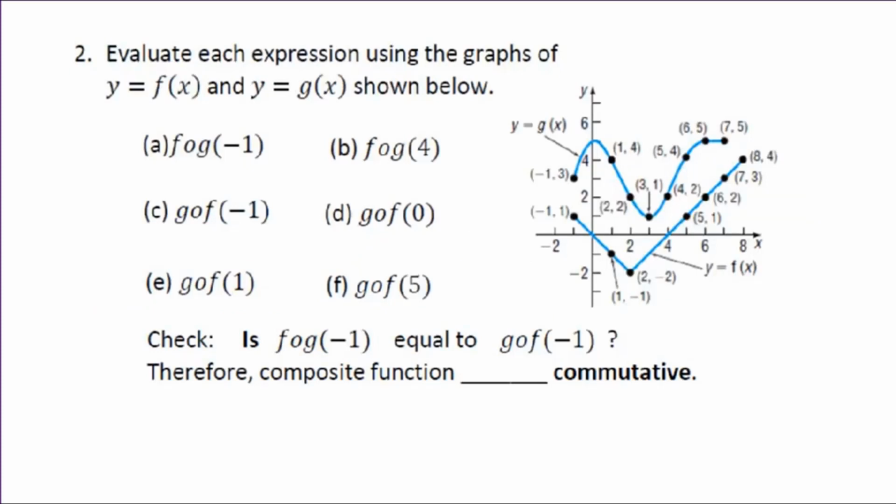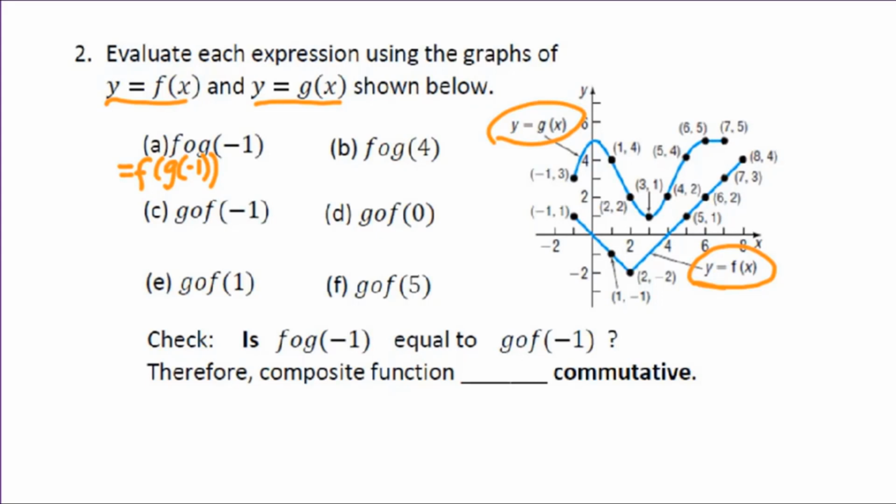Now let's go to number 2. Evaluate each expression using the graphs of y equals f of x and y equals g of x. We know the top graph is g of x and the bottom graph is f of x. For A, we have f of g of negative 1.